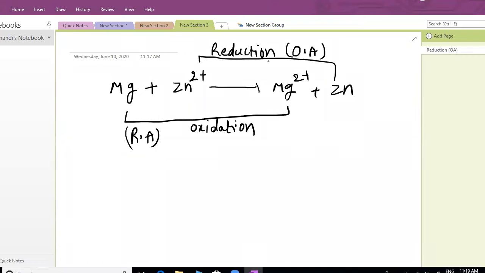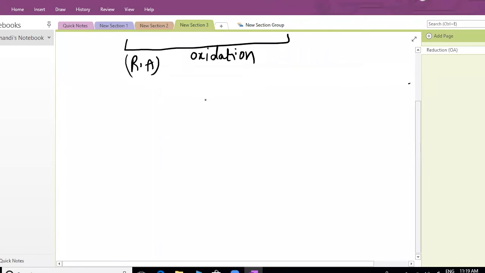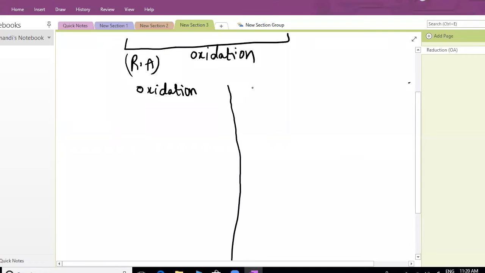So this is oxidation and reduction. Now I need the difference between oxidation and reduction, sir. According to whatever you know of your definitions from 10th standard, please write oxidation, reduction.